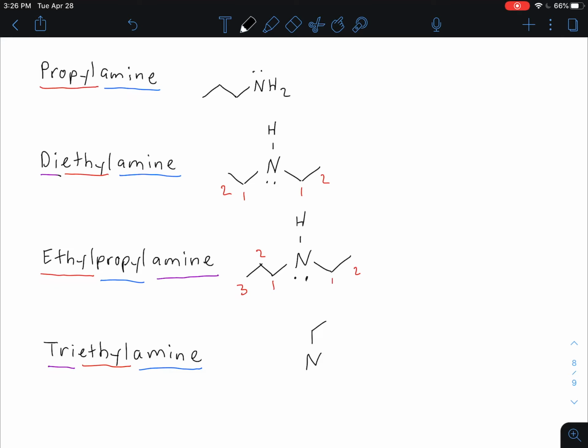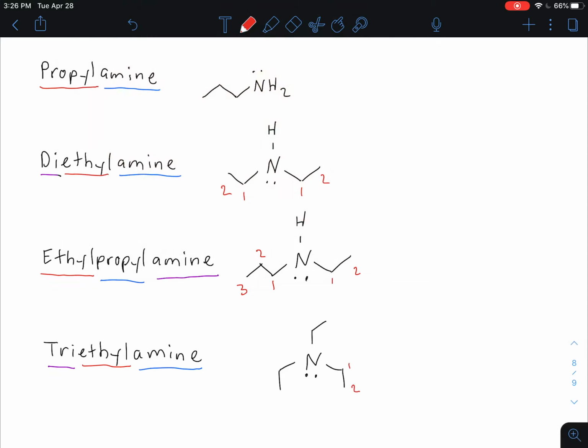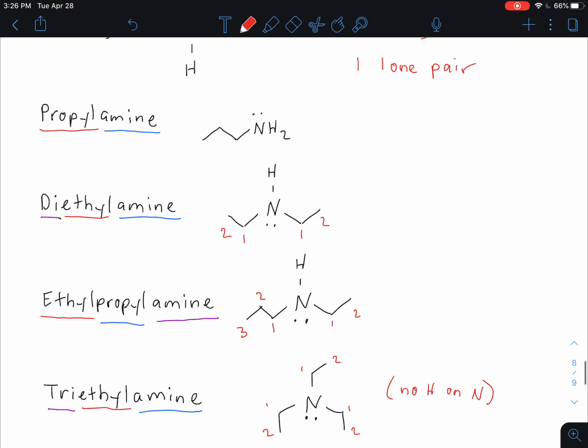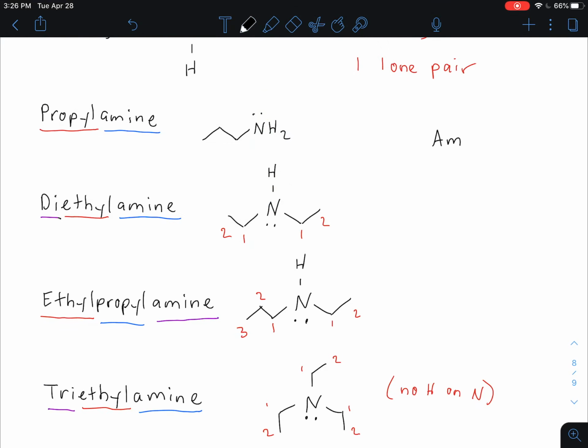So triethylamine means I have a nitrogen attached to 3 2-carbon chains. 1, 2, 1, 2, 1, 2, and then a non-bonding pair like that. That would be triethylamine. So, right, each of these is a 2-carbon fragment attached to the nitrogen. It still has a lone pair, but notice there's no hydrogen on the nitrogen in this case.